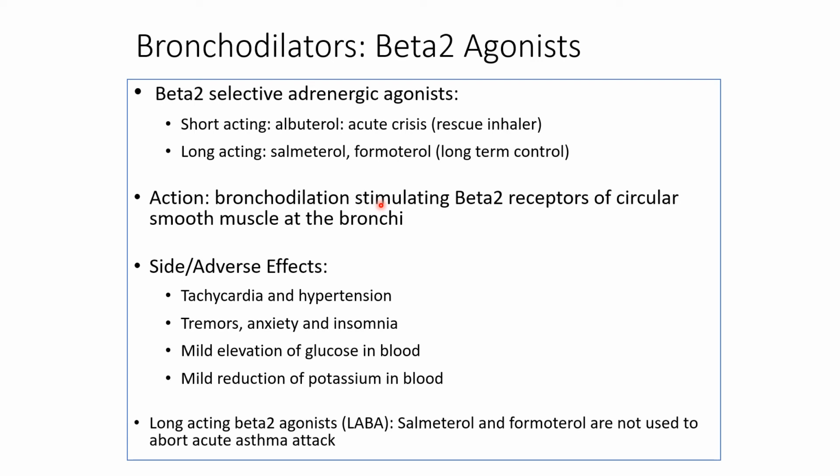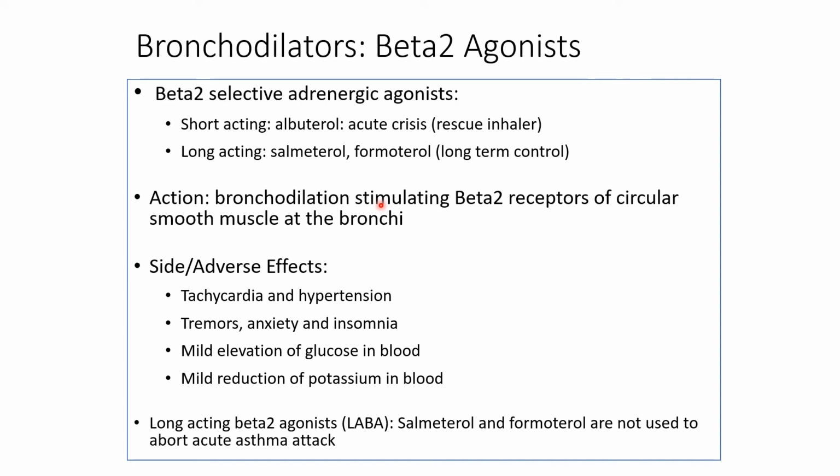sympathomimetic, adrenergic, like adrenaline, which is the same as epinephrine, tends to increase alertness and can make you nervous and produce some insomnia, because in the fight or flight reaction, you must have elevation of the sugar in the blood, the glycemia, the glucose, because you need to produce more energy in your muscles.